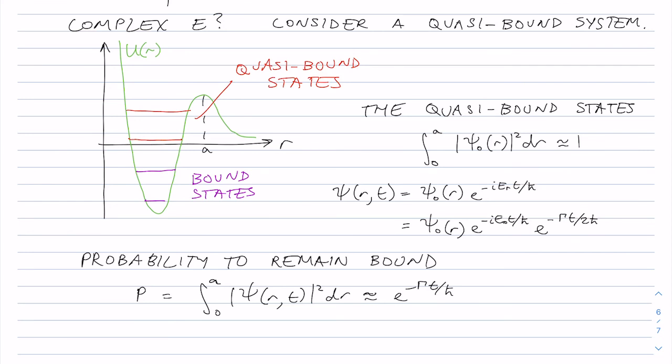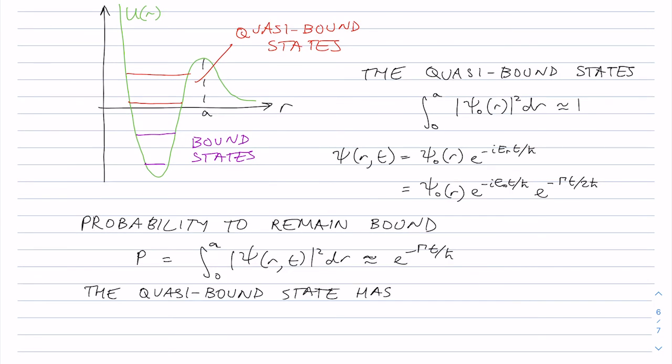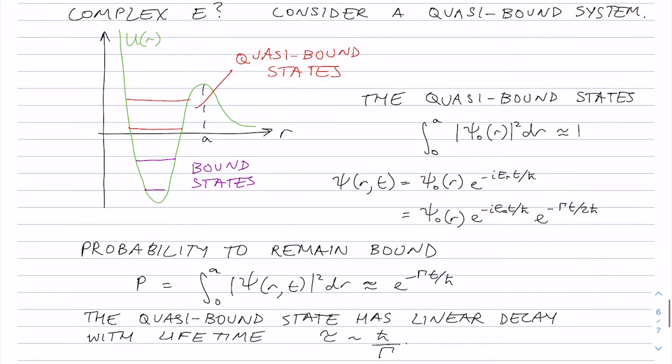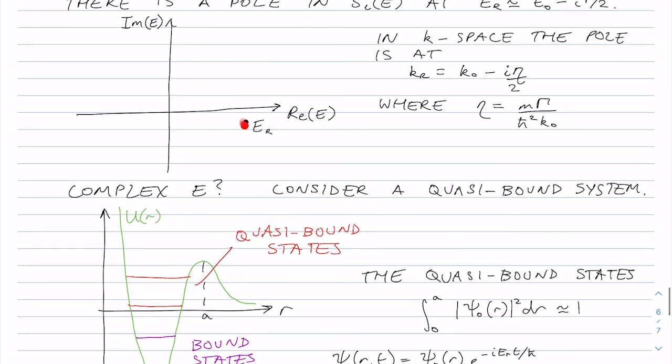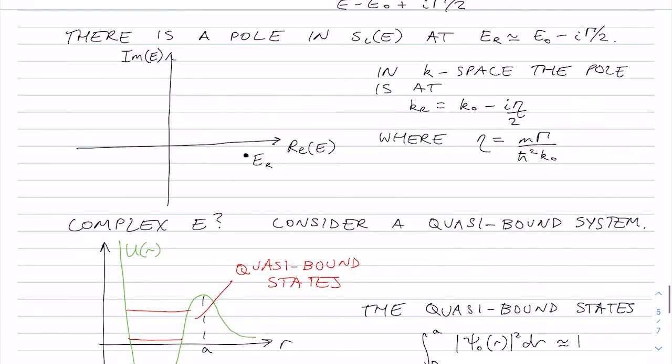The quasi-bound state will decay through the barrier with a lifetime of h bar over gamma. So that's what we mean by taking the energy pole off of the real axis. It means that we are dealing with a quasi-bound state or a virtual state.